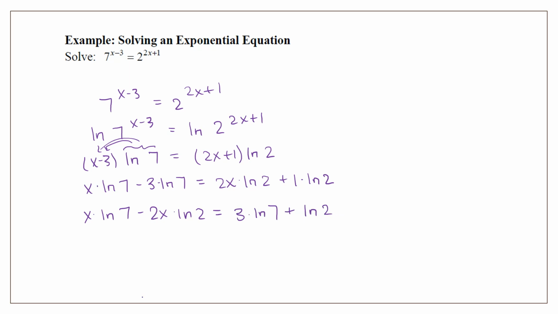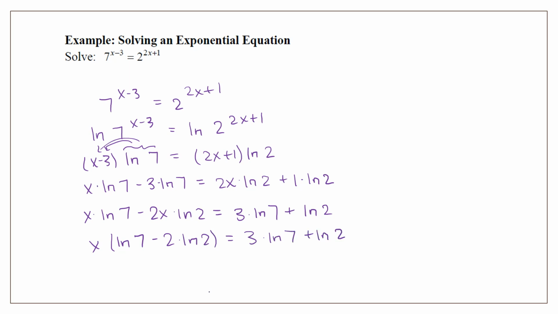Okay. Now that I have all of the terms that contain an x on one side, I can factor out an x. So x times the natural log of 7 minus 2 times the natural log of 2. And the right-hand side stays the same.